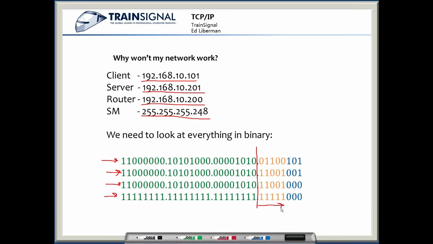It's been moved over. The line is now here. For these to all be on the same network, this whole section right here must match. You'll notice they're all the same, all the same, all the same. Uh-oh, we don't have a match here, which means they're not all on the same network. That's why it won't work.